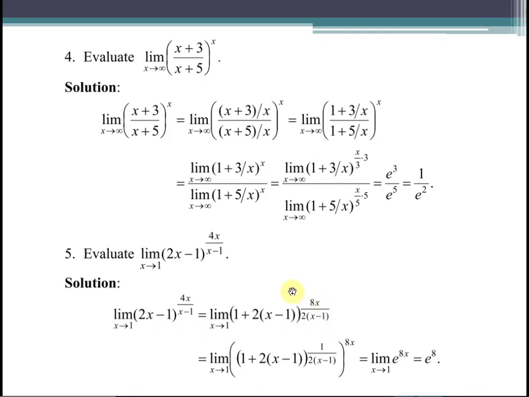And now we can use the second fundamental limit. Now we have the form of this limit, but we need to divide by 2 to the power of x minus 1 and multiply by 2 to the power of x minus 1.